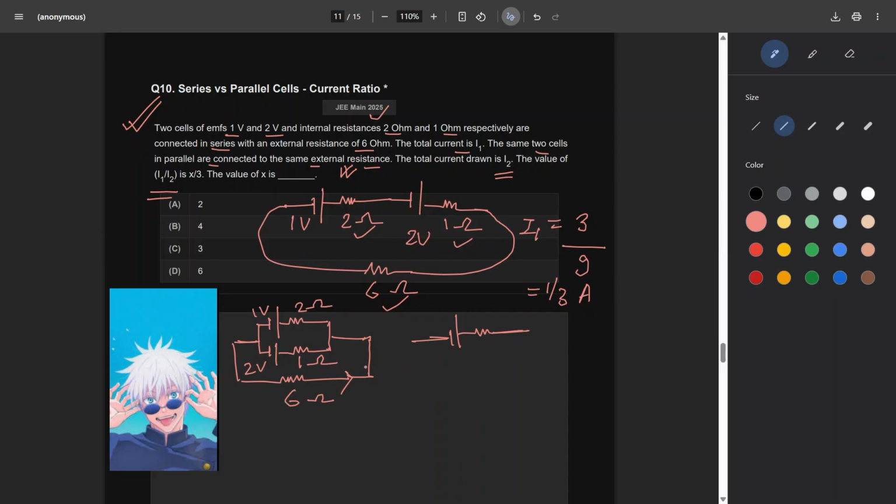Or we can try something. Let's see. If we take 0 volt here, what will we have? We can have 1 volt here and 2 volt here. And we take the potential here to be x.